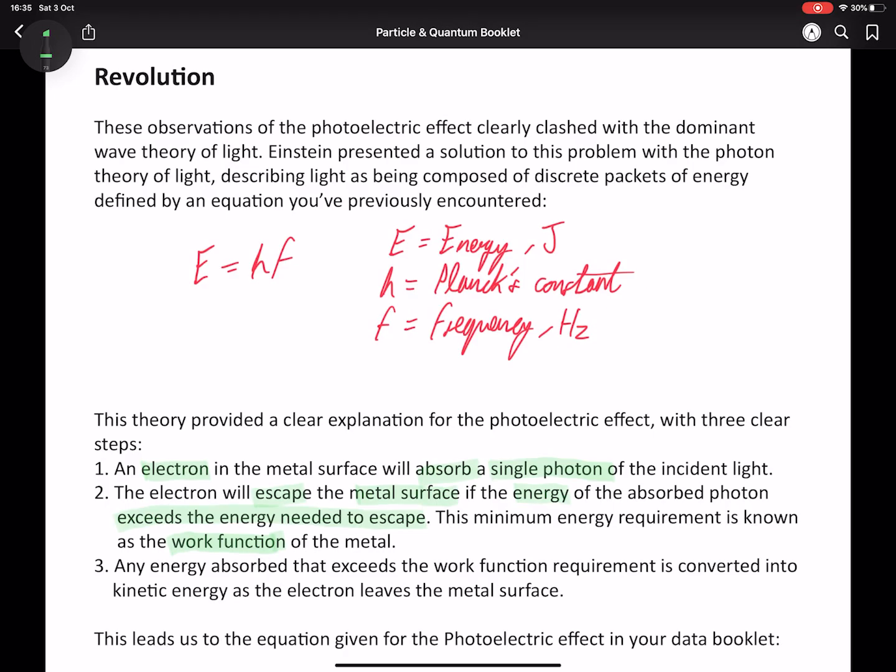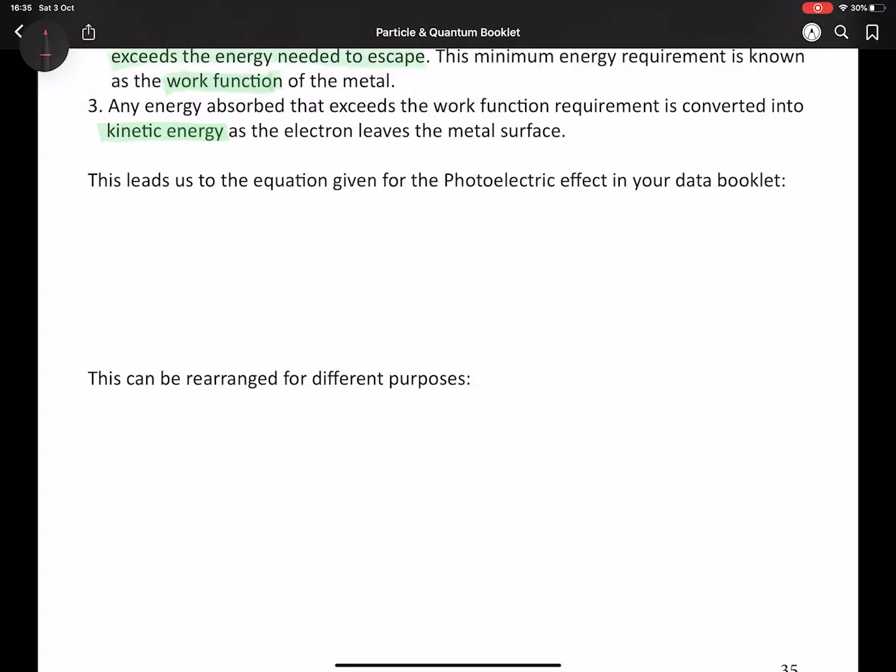Now, the amount of energy it needs in order for the electron to escape is referred to as the work function, because work needs to be done to escape the surface. And any energy left over just becomes the kinetic energy of the electron as it leaves.